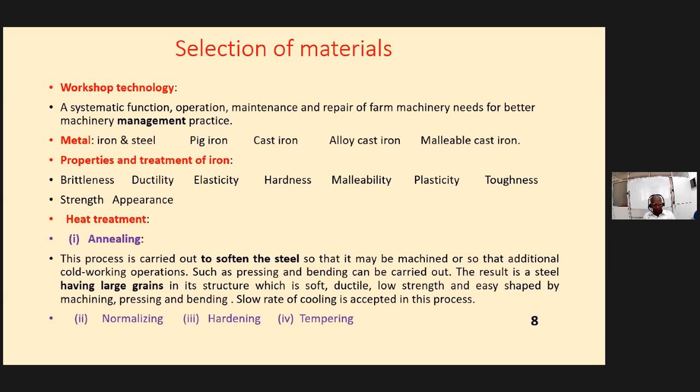Large grains are slightly bigger than atoms. That is the grain structure, which is soft, ductile, low strength, and easily shaped by machining, pressing, and bending.